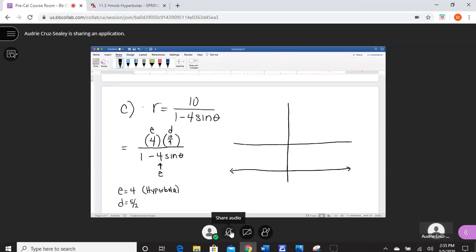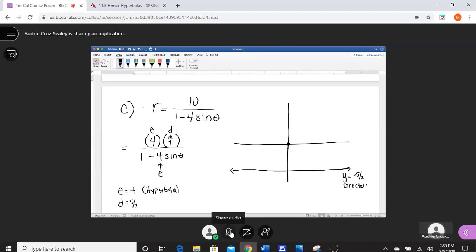So that's going to be y equals negative 5 halves. You have a pole, you have a focus at the pole. The distance between your pole and the directrix is 5 halves, so I went 5 halves down. Here's my directrix. Is everybody okay with that?